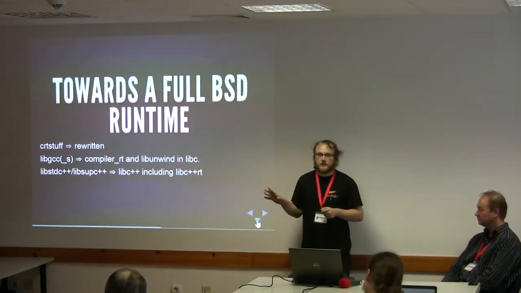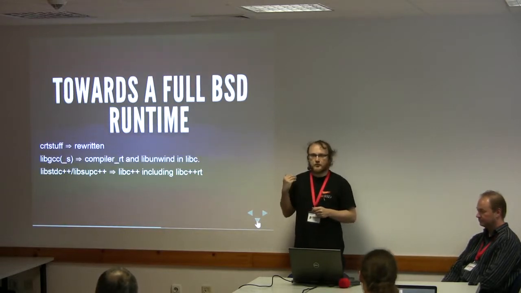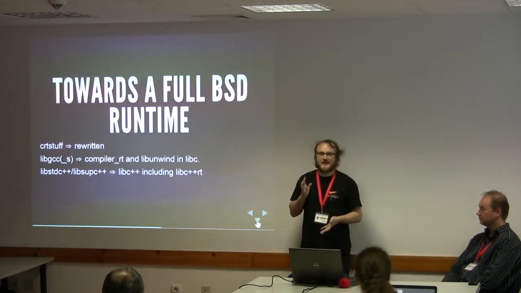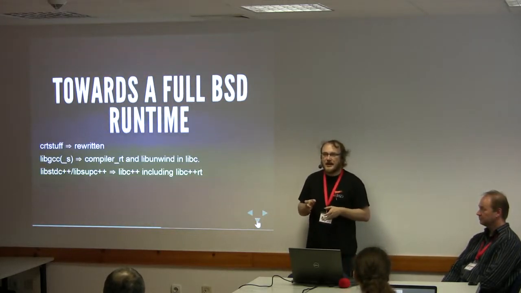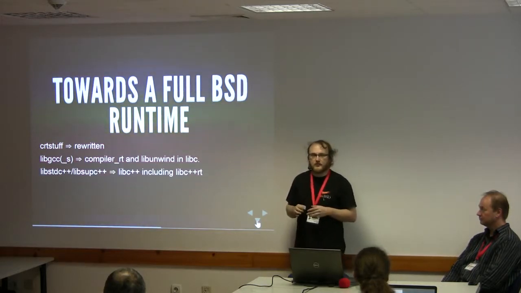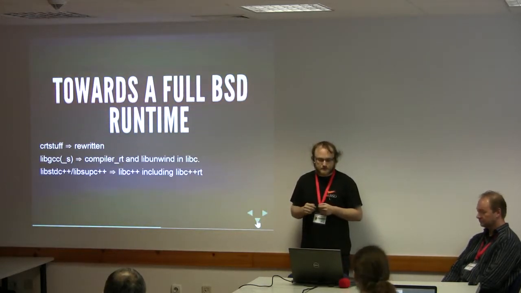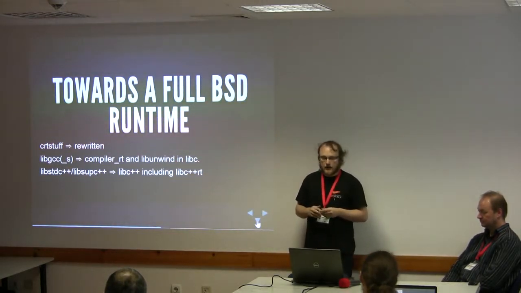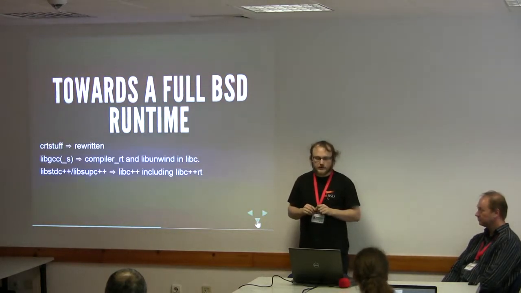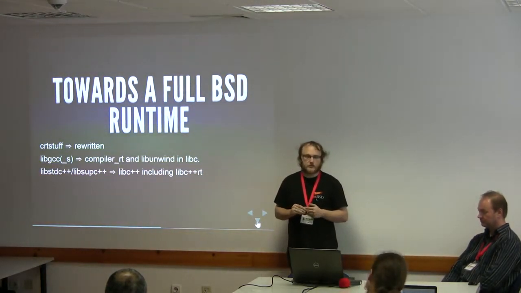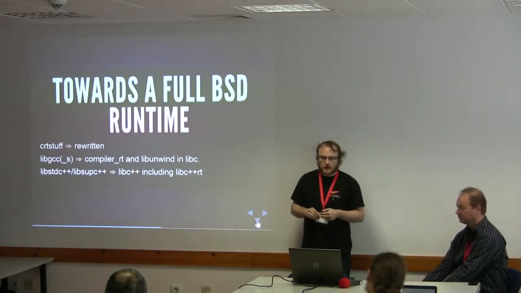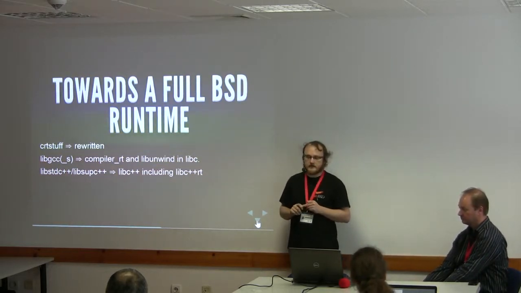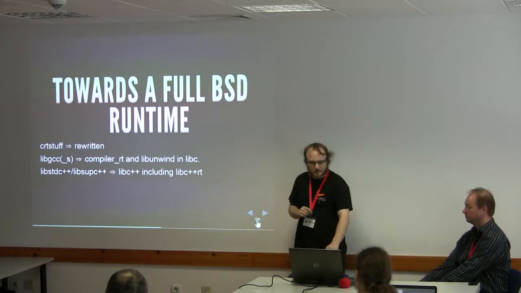We have a mix of pretty straightforward assembler for it, and for MIPS and some other platforms that have too many different ABIs, we have a C stub for part of it to make it easier. The second important component is libgcc. I'm going into more details in a bit, and the third one is the C++ runtime, which we are going to replace with libc++ and libc++abi. More on that later as well.